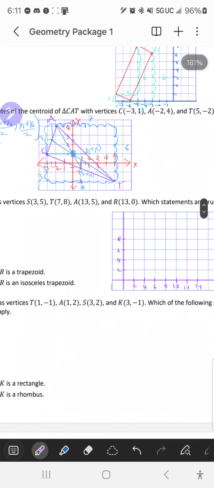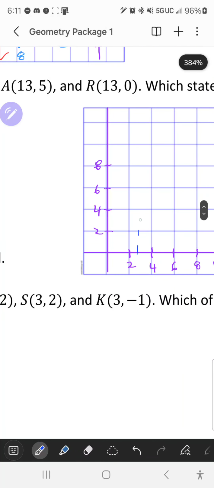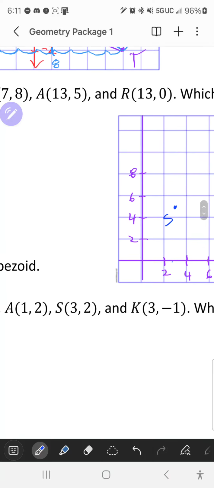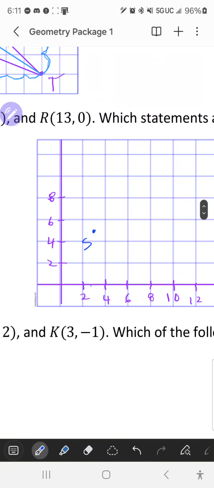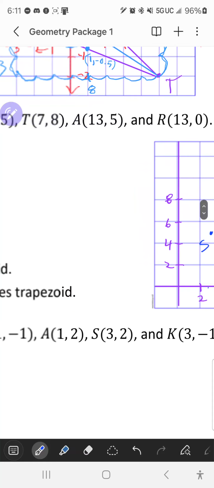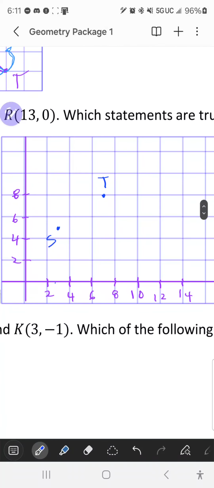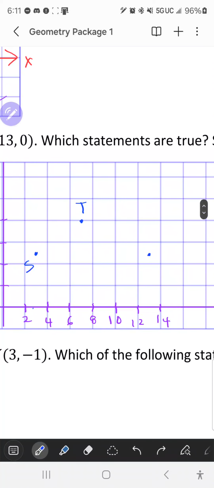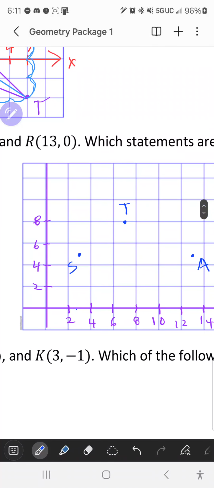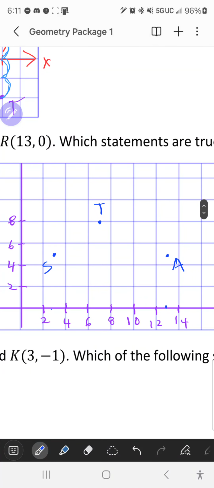Now we have point S (3, 5). We go to 3, and up to 5, so S will be over here. T is (7, 8), so 7 will be over here, 8 is here, so this is T. A is (13, 5), 13 will be over here, 5 over here, so this is A. Now R is (13, 0), right here.